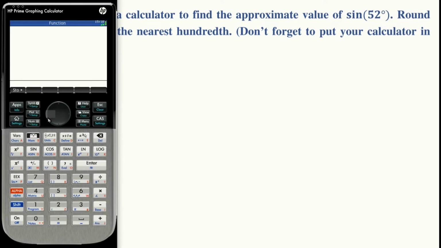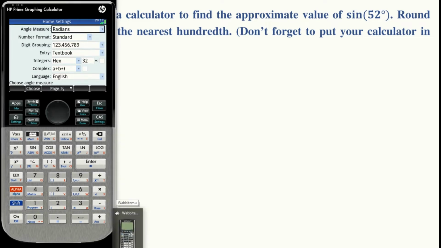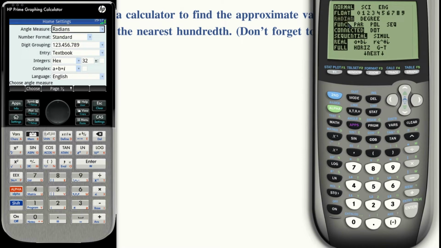So notice that when you do start a calculator, if you go into the settings mode of your calculator, oftentimes you'll find this setting. Whether you're using this or you're using TI-84, it's usually the same scenario. Here we can see the TI-84 window. Notice that in the settings you have the same problem. It's in radian mode. So in both scenarios, you're going to want to go ahead and go to degree mode.